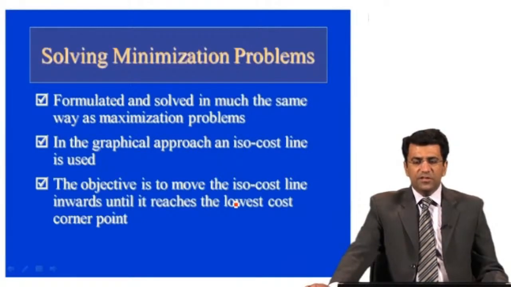So that is what is different between the iso-cost line and the iso-profit line: in the iso-profit line we move away, and in the iso-cost line method we move inwards towards the last point of the feasible region, so that we are able to find the optimal point, which would tell us the optimum combination on the x-axis and y-axis that can help us minimize the cost. That is what is different in minimization problems.